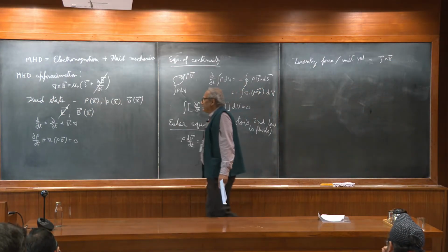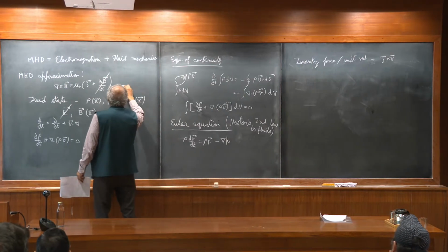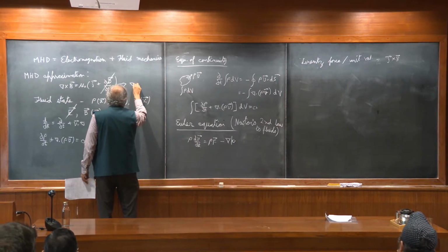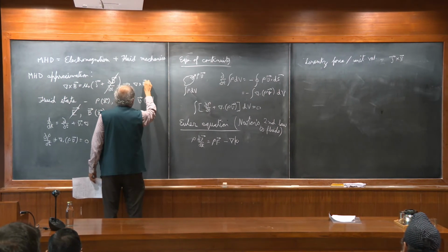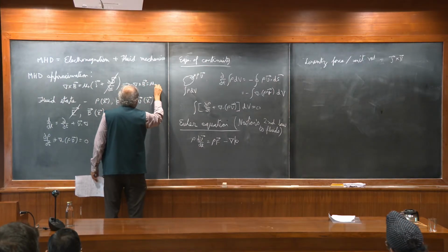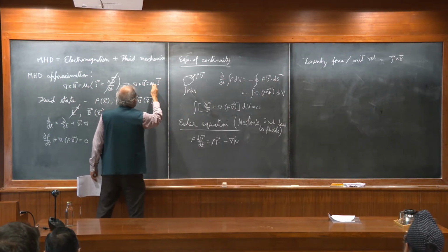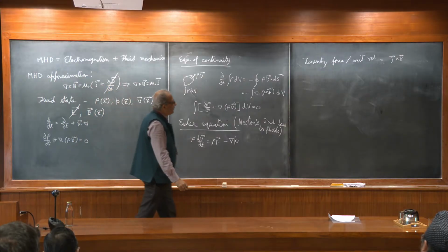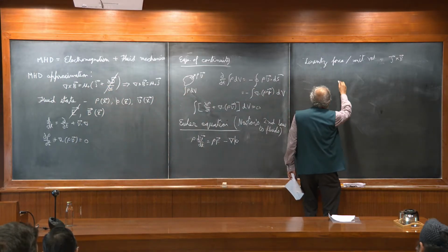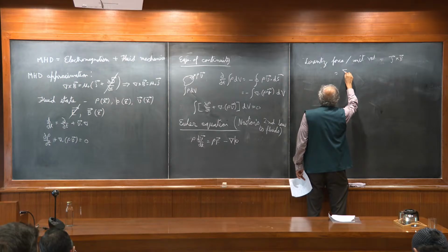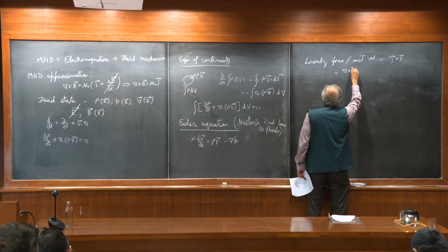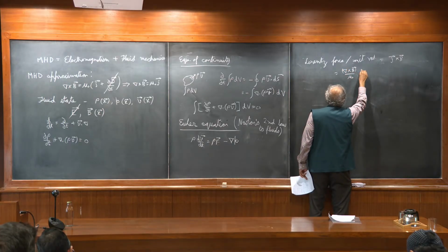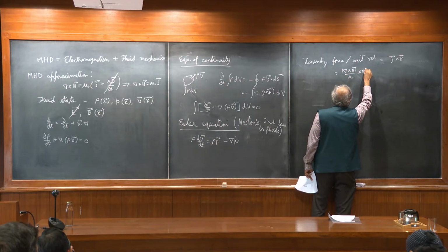And for J, when you neglect this term, we have curl B equal to mu 0 J. So J is given by curl B by mu 0. If we use that, then we have this curl B by mu 0, and then we have to multiply it by B.